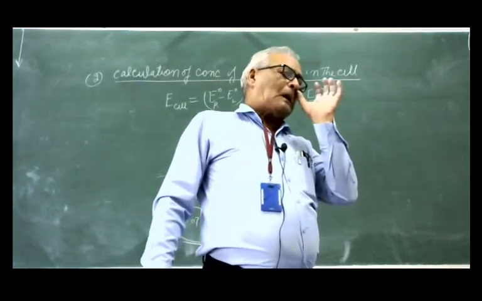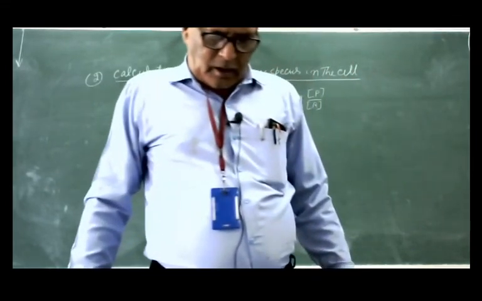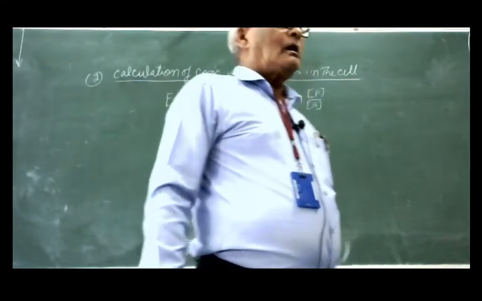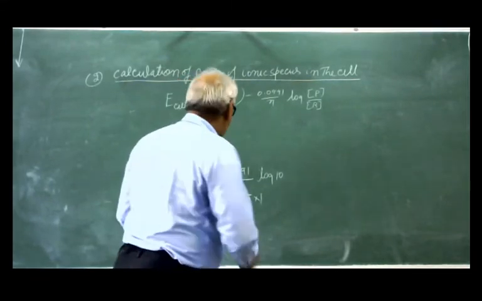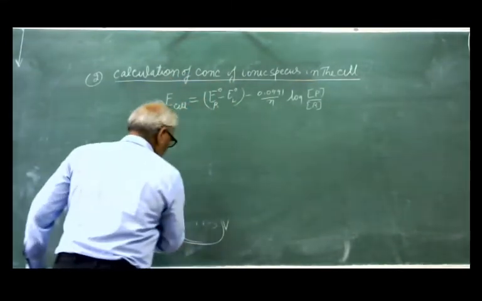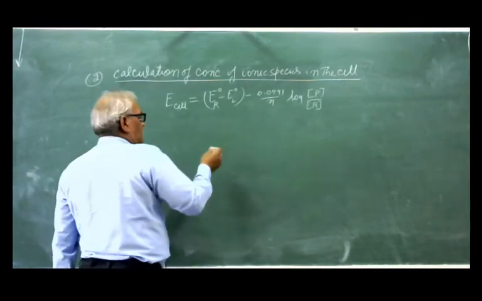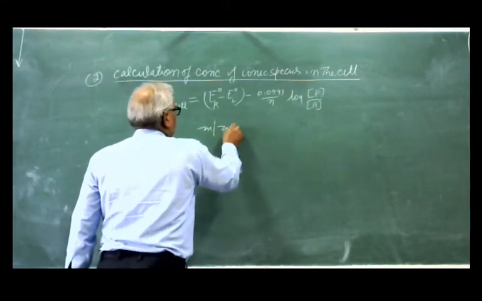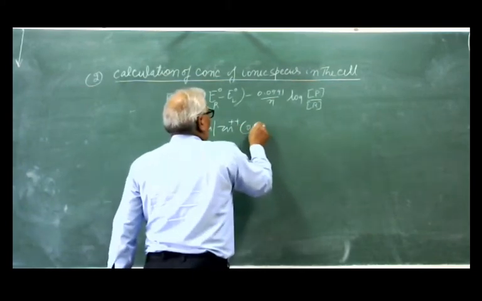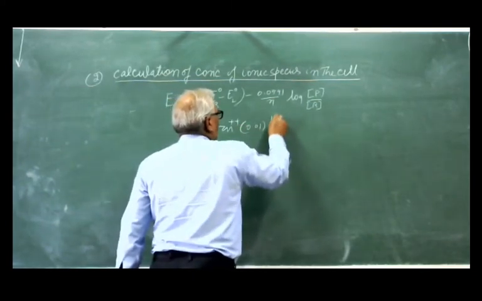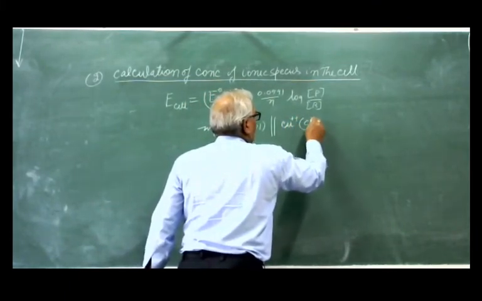Very easy, you can calculate. For example, if I consider a very simple chemical cell, suppose the simple cell is this one, the same cell, zinc ion concentration 0.01, copper ion concentration is not known.